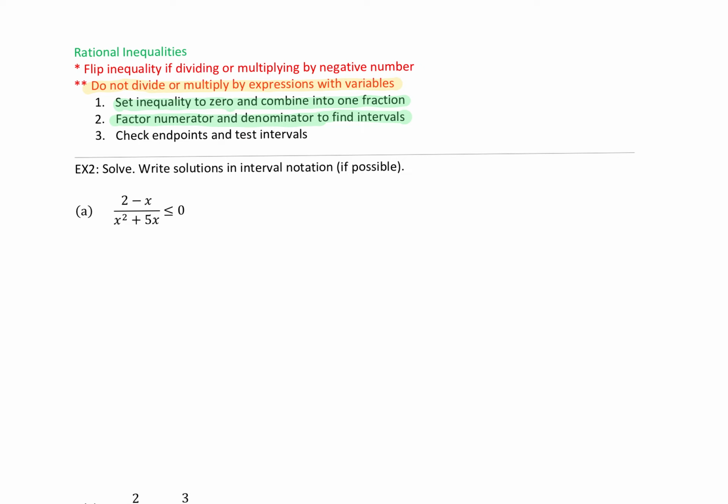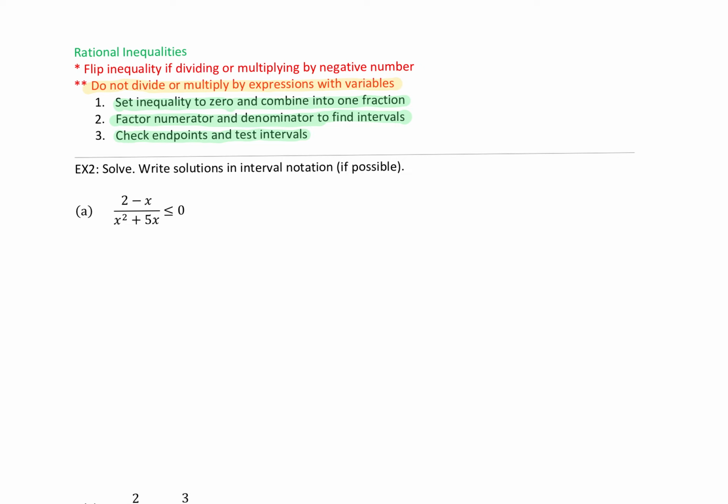We're going to check those intervals to see where we have solutions and where we have no solutions. We also have to make sure we check our endpoints to see if they can be included in our solutions. And then, as before, we're just going to get test points in each interval and see if they make the inequality true or false. But the key here is that we're working on one side.